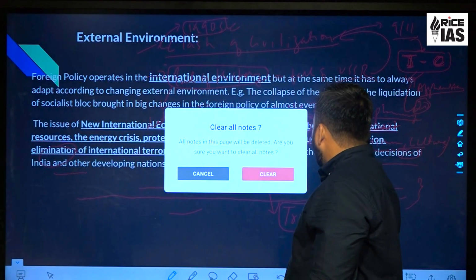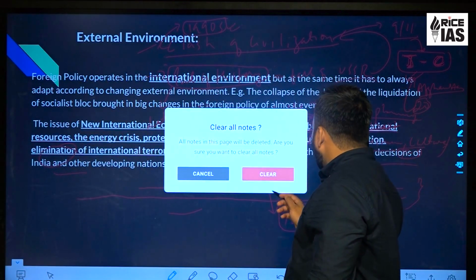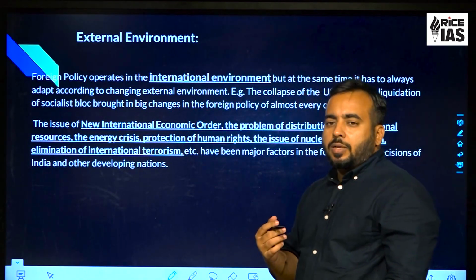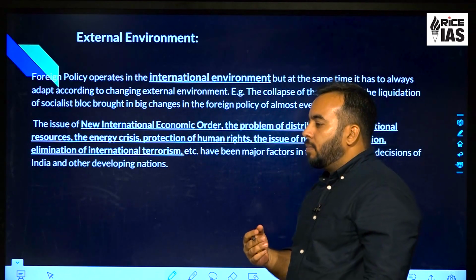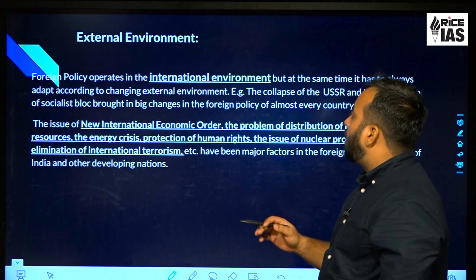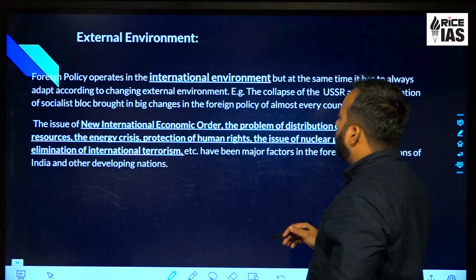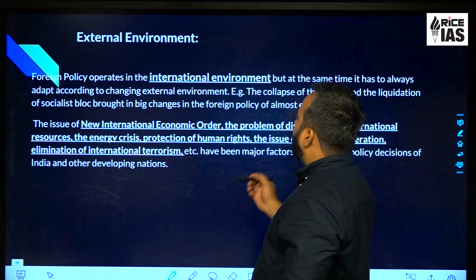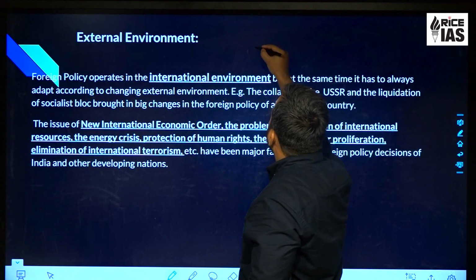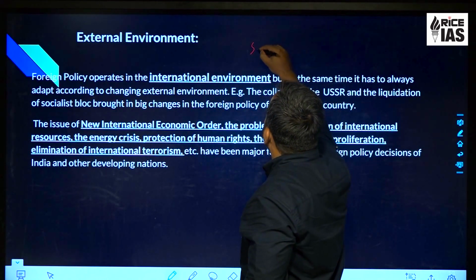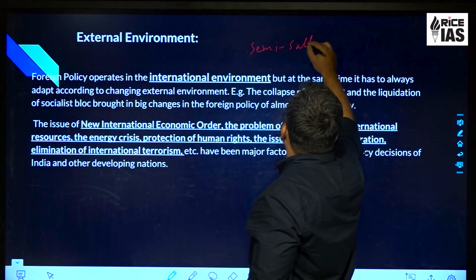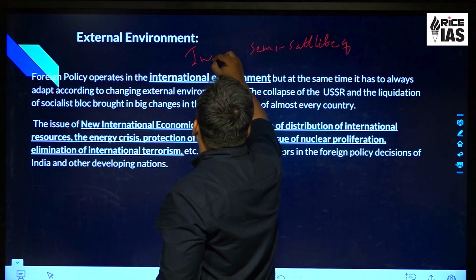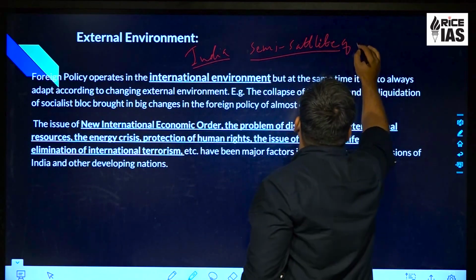Domestic policy is influenced by the domestic environment, the domestic situation. The foreign policy or the external policy is underlined by the external environment. So when the external environment changes, foreign policy changes. For example, India was largely called a semi-satellite, not fully a satellite, but a semi-satellite of the USSR.